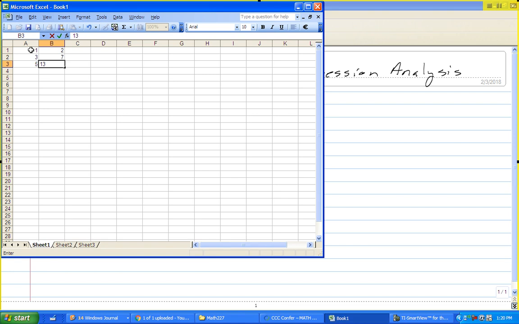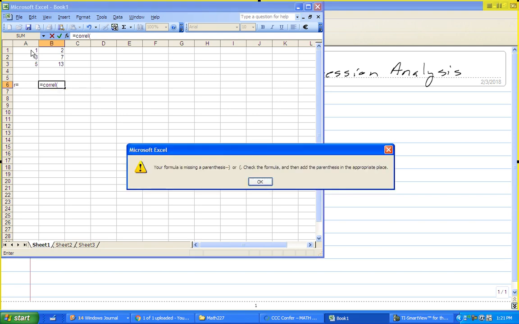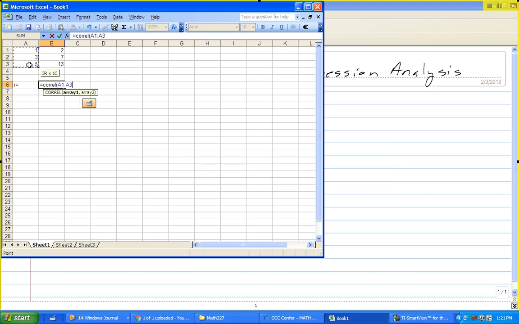Okay, so let's try to find R. We just say correlation of these and those.